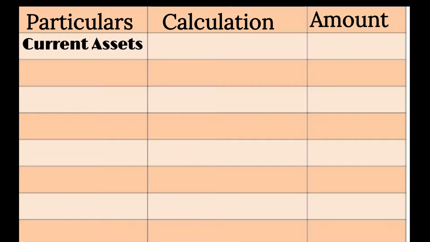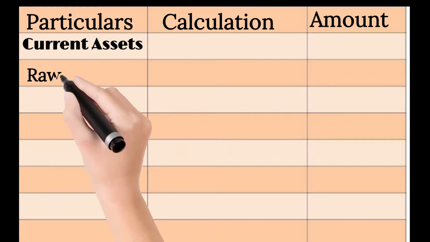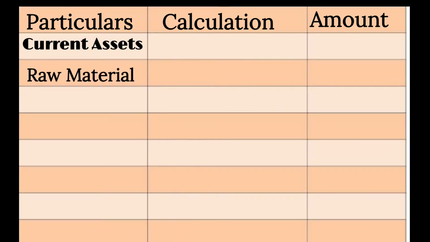The time lag given in the question is nothing but the amount we are liable to pay as a current liability, or the goods we hold for a period of time. Current assets are those assets which we hold for a period less than 1 year. So we have raw material in stock with us, and the period for the same was given as a month.